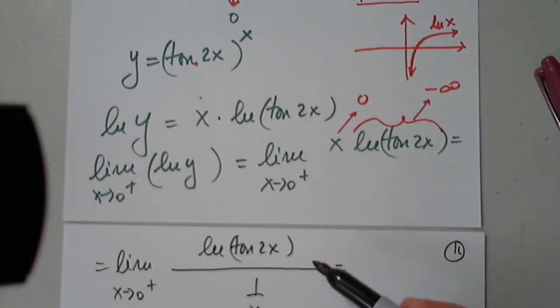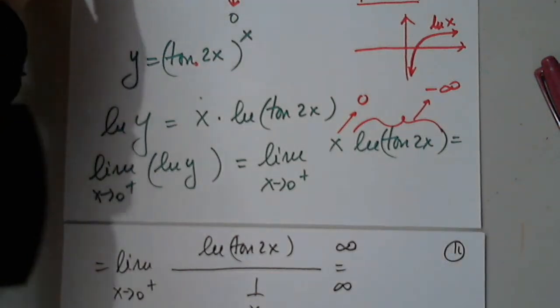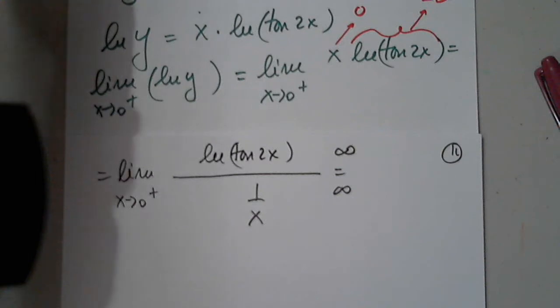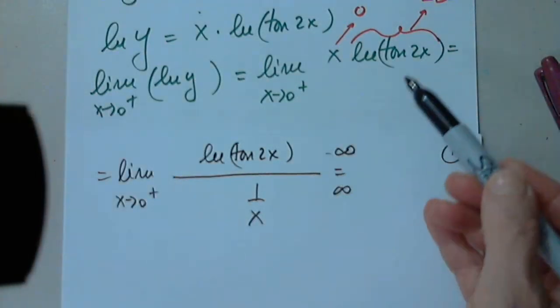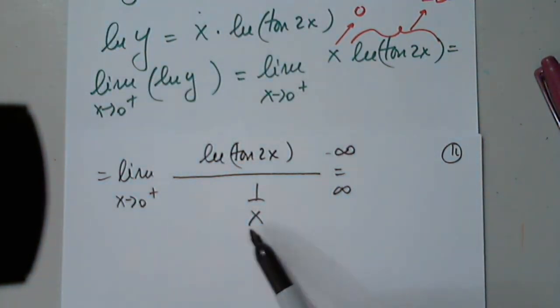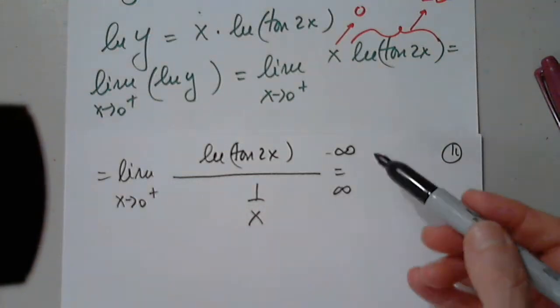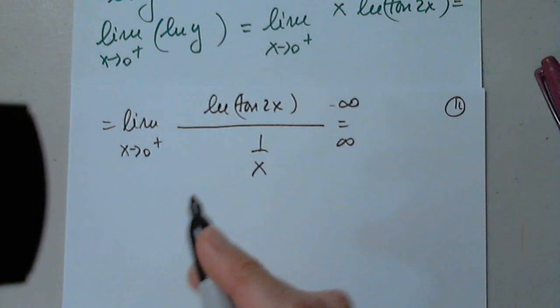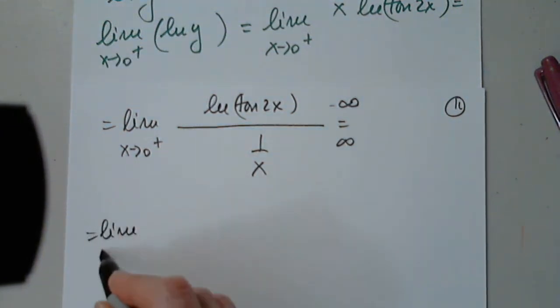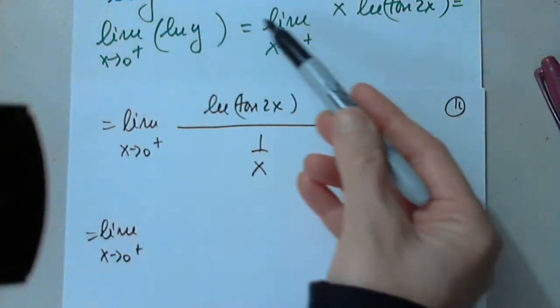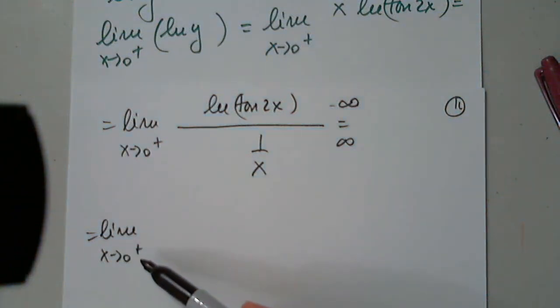And now this is nice. This is infinity, and this is infinity. Any sign, whatever, doesn't matter, right? So we know that this will be, if you want, negative infinity, and 1 over x, when x approaches 0 from the right-hand side, is positive. It doesn't matter. Still infinity over infinity, still nice, because now I can apply L'Hopital's rule. Remember, the limit operator does not disappear till the very last step.